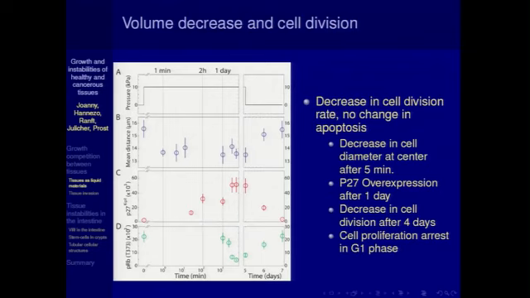Now, if you look at the mean distance between cells, 5 minutes after you apply the pressure, it decreases. And it doesn't decrease uniformly in the aggregate. It decreases at the center of the aggregate. So after 5 minutes after applying the pressure, all the cells in the center have a smaller volume, and then this propagates outwards. If you look at the other ones, like P27, nothing happens until almost 1 day.